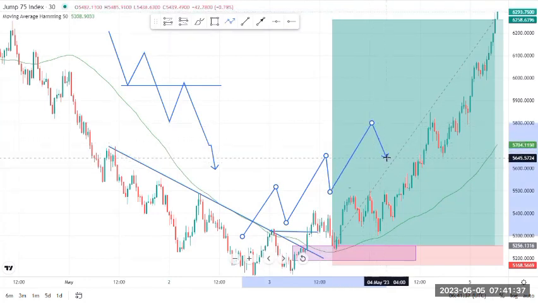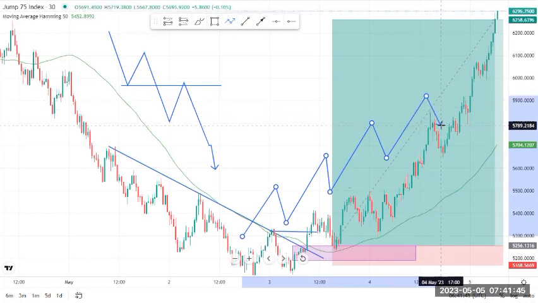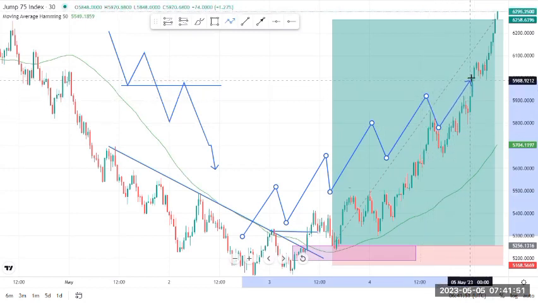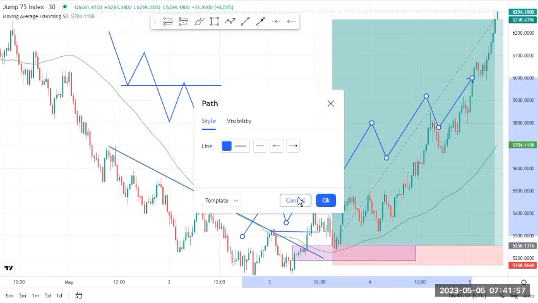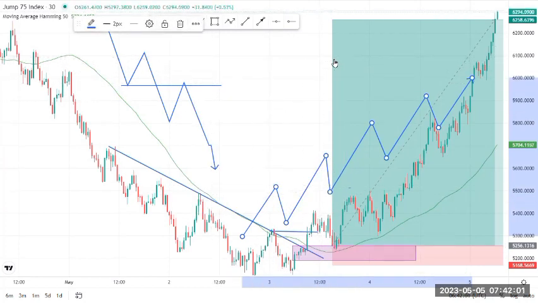Retracement, then price breaks this level again, another break of structure. Then retracement again, then price breaks this level again, that's a break of structure, right? That's what we call break of structure. I believe you understand it now. A break of structure, that's it, exactly what I have explained.